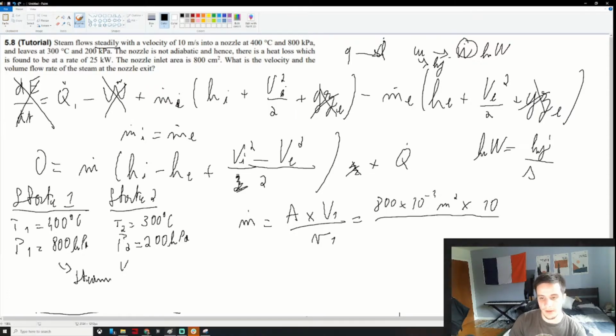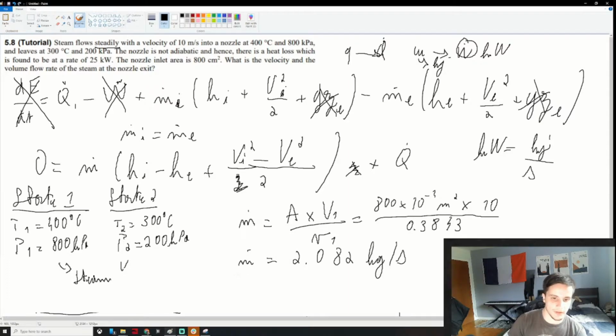And then divided by the specific volume we found for the first state, which is 0.3843. And that'll give us a steady mass flow rate of 2.082 kilograms per second.